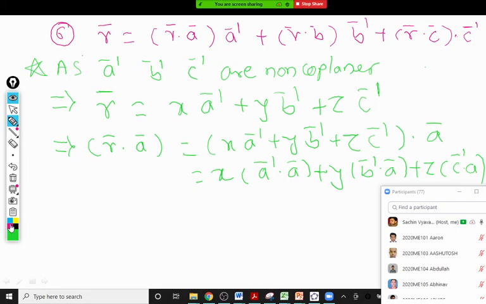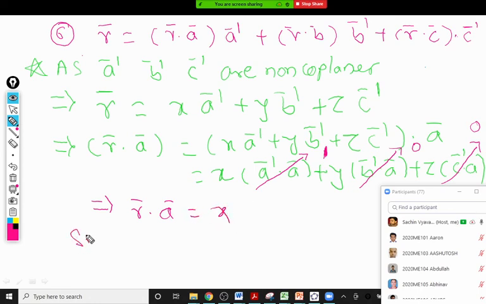What is the value of b dash dot a? It is 0. c dash dot a is also 0, and a dash dot a is 1. I'm just writing this for your understanding, don't write like this in the exam. a dash dot a is 1, b dash dot a is 0, c dash dot a is 0, and we get that r dot a is x.